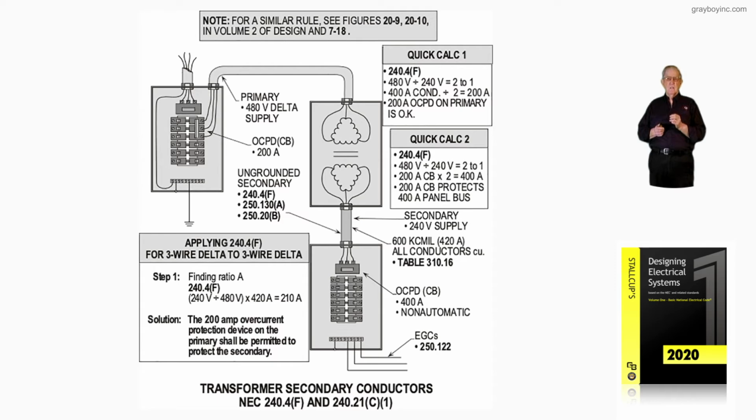And you notice the transformer is not grounded in any way. It's an ungrounded system. And notice step 1, 240 divided by 480 times 420 would give us 210 amps. And here they're taking the ampacity of the conductor, or you could take the overcurrent device and come up with the same thing.